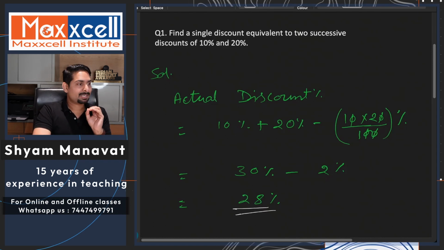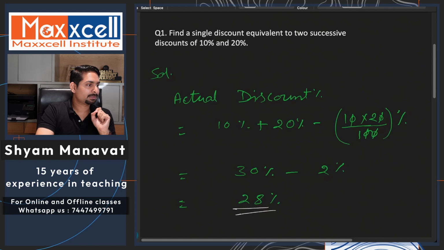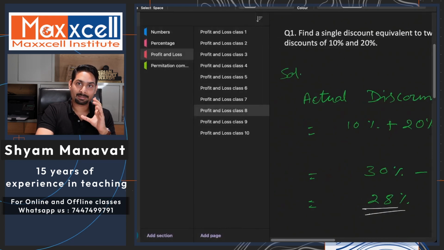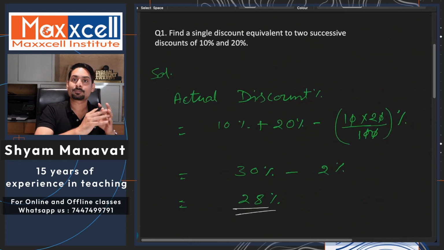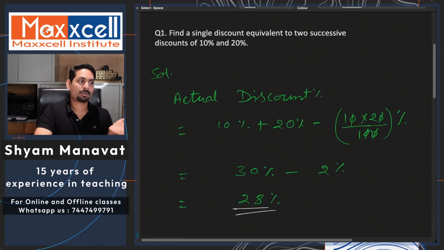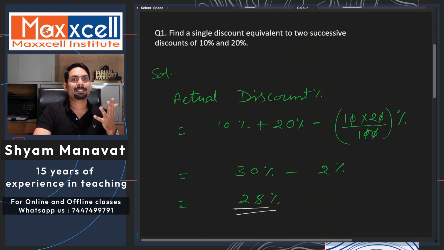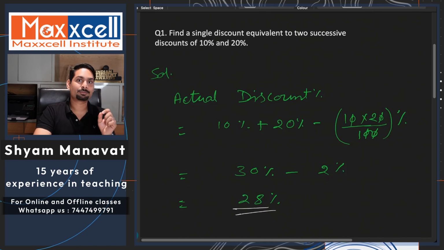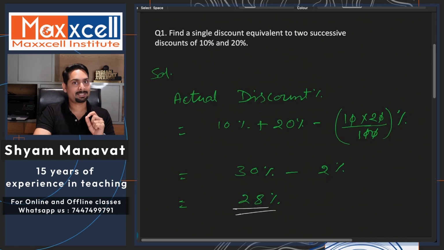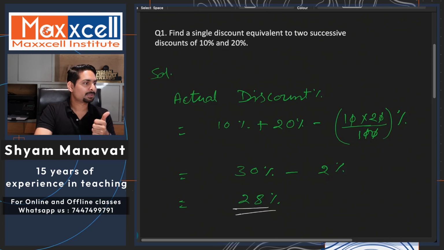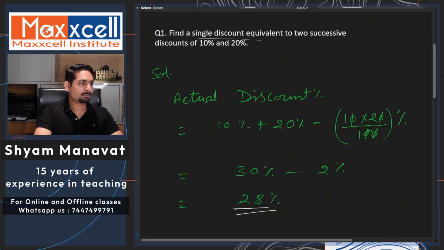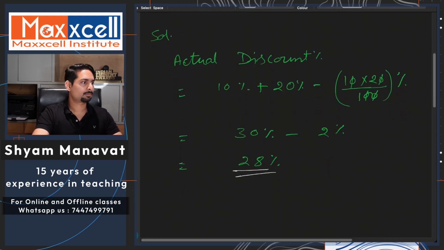Now the basic here I'm going to use is the tip which I have given in the percentage chapter. If the question is in percentage, options also in percentage, then better off assuming numbers instead of assuming variables. So single equivalent discount, if I want to calculate, discount percentage is offered on mark price.